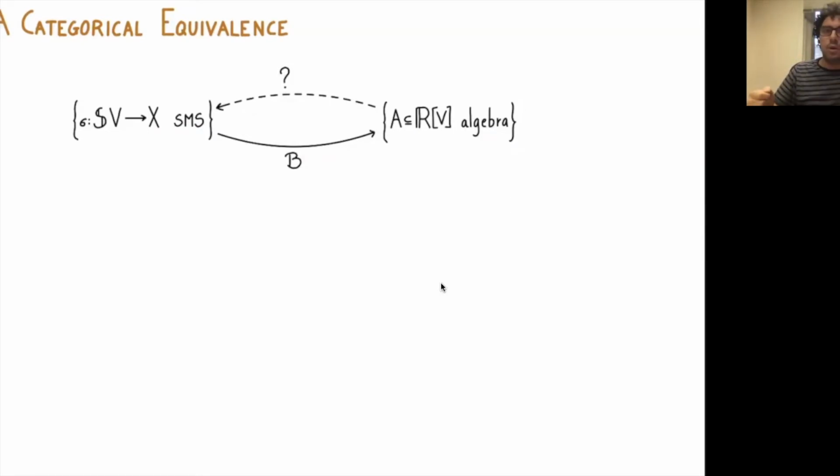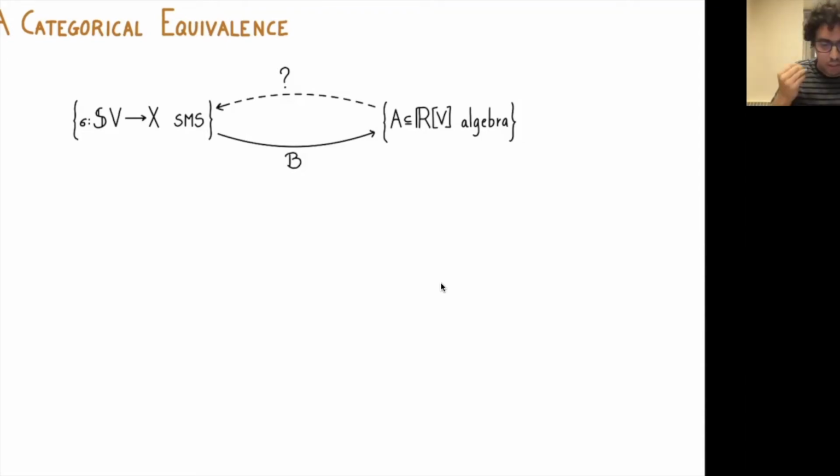It produces a map from spherical manifold submetries to algebras. And it would be great to have a map that goes back, because if we had one, we would have a way to transport our geometrical problems into algebraic ones, manipulate them using algebraic tools, and bring them back, and maybe produce new foliations, new spherical manifold submetries, or new structural results at the level of spherical manifold submetries.